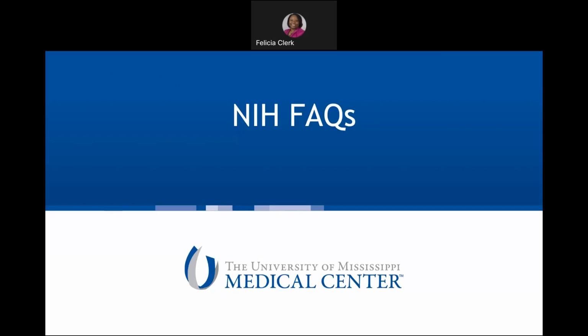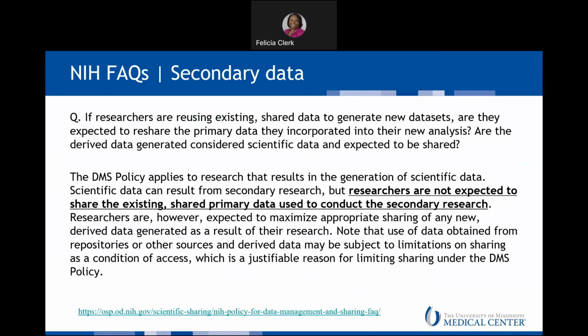Here are a few NIH FAQs that I'm guessing they encountered during the committee review session of the policy. So the first question was regarding secondary data. If researchers are reusing existing shared data to generate new data sets, are they expected to reshare the primary data they incorporated into their new analysis? The DMS policy applies to research that results in the generation of data.